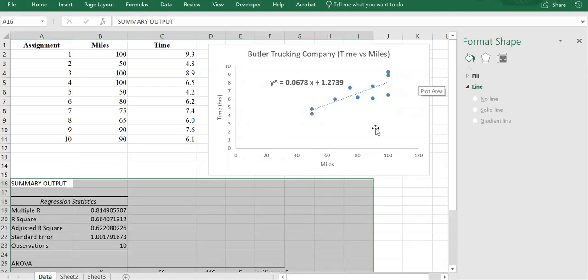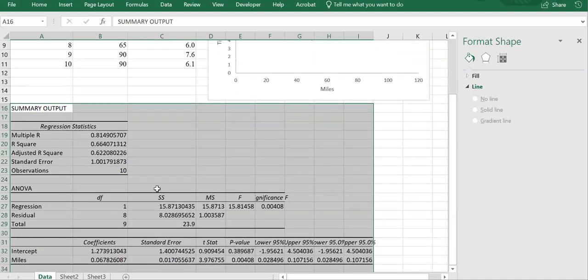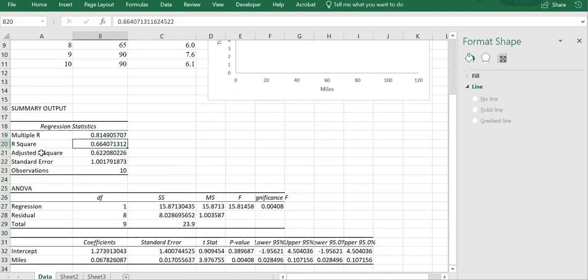So just press OK. And once you press OK, Excel provides you with 3 tables. The summary output for the regression provides you with regression statistics, some ANOVA analysis, and then the coefficients, the actual equation, and some statistics for statistical inference and hypothesis testing.